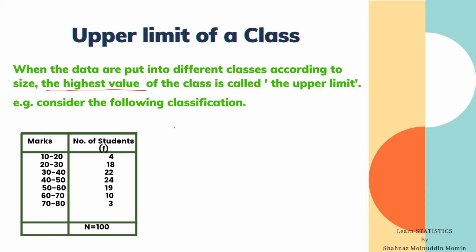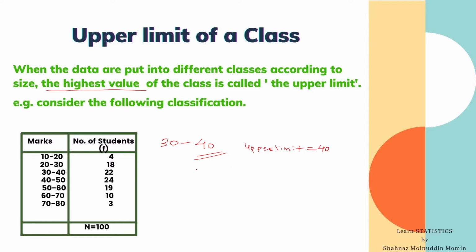Consider the following table of classification of the students according to the marks. Suppose we consider the class 30 to 40. In this class, the highest value is 40. Hence, the upper limit is 40.